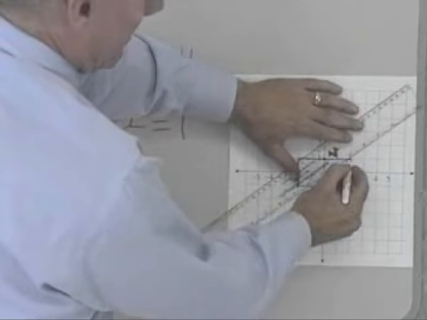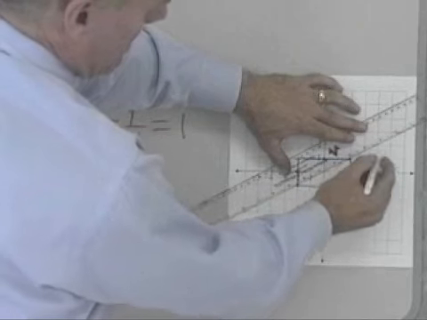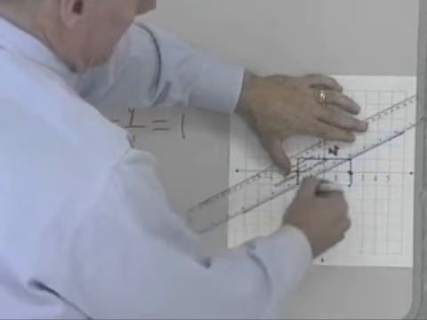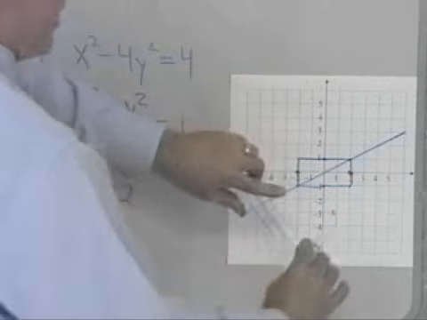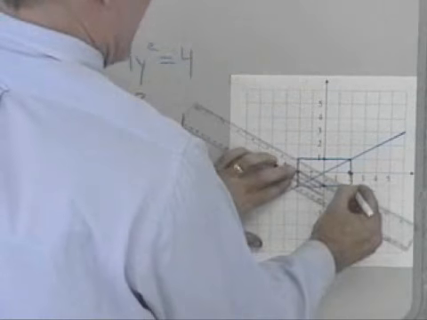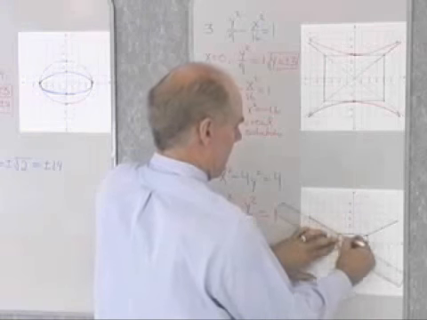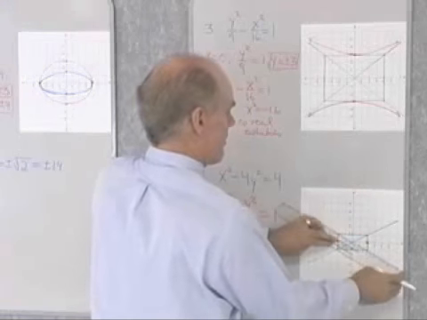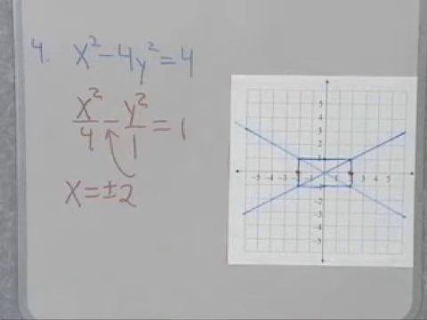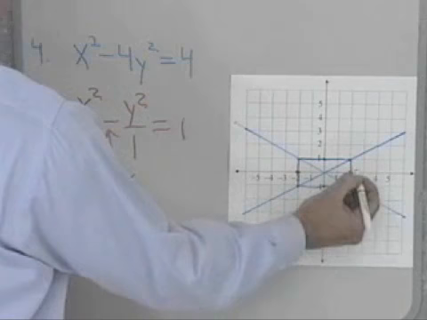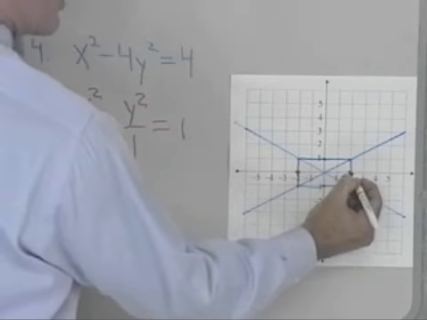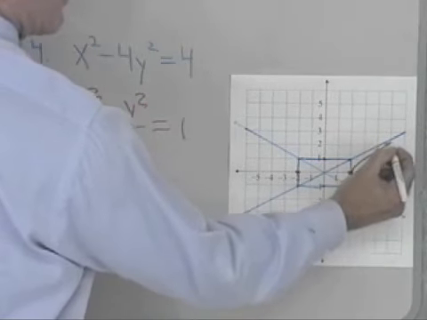So I'll get something that looks approximately like this. It's hard for me to tell looking at an angle there, but we'll just do the best we can. And those two blue lines that I've drawn in are asymptotes for this graph, and the graph is going to cross the x-axis here at 2 and at negative 2, and it's going to approach this asymptotically.